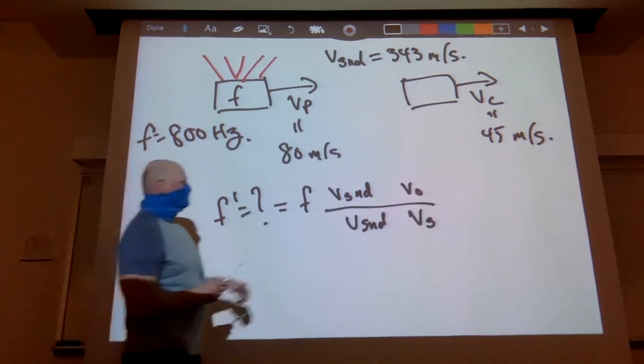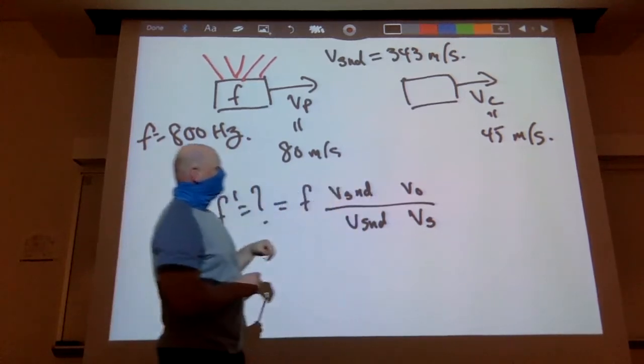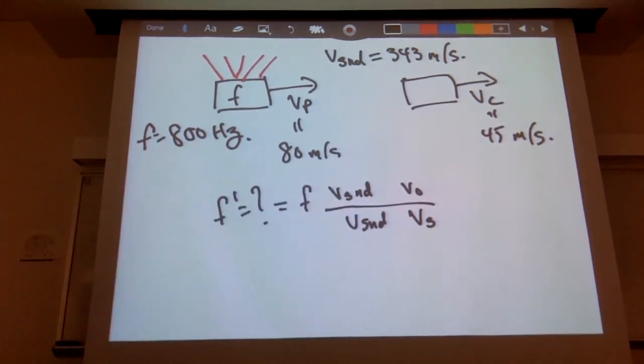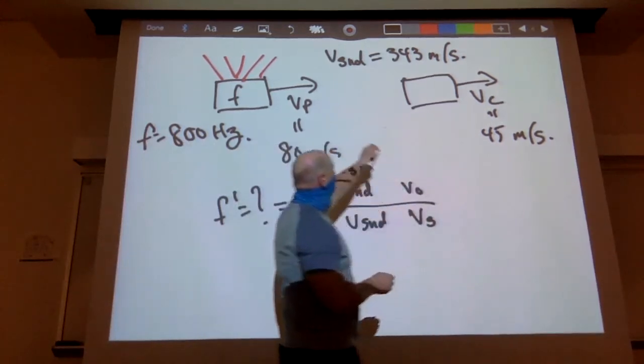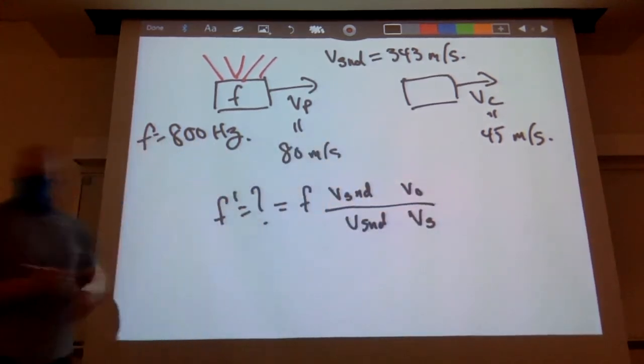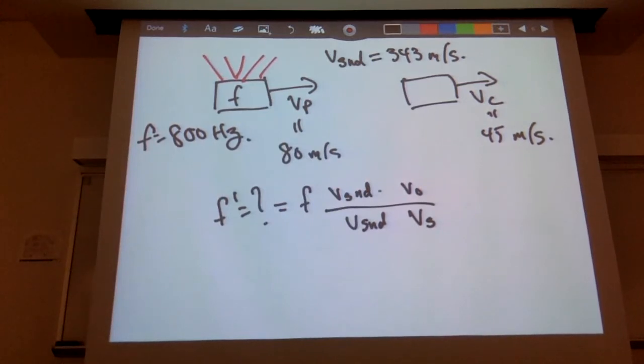So again, when we look at these signs, we then have to ask, what is the observer doing relative to the source? Well, in this case, the observer is the car. The car is the one which is actually hearing the frequency of the police car. So we can see that he's trying to move away from the police car. Since he's moving away, this corresponds to a negative sign.